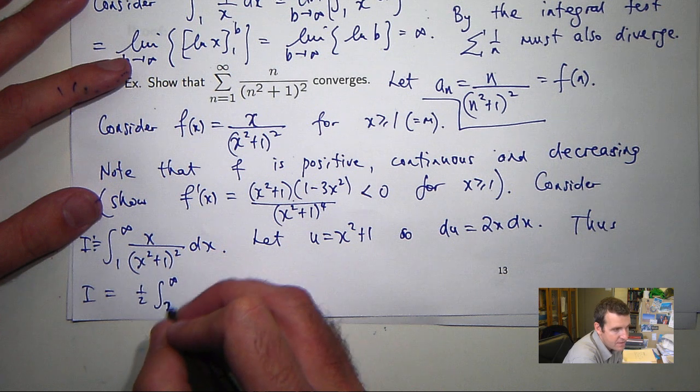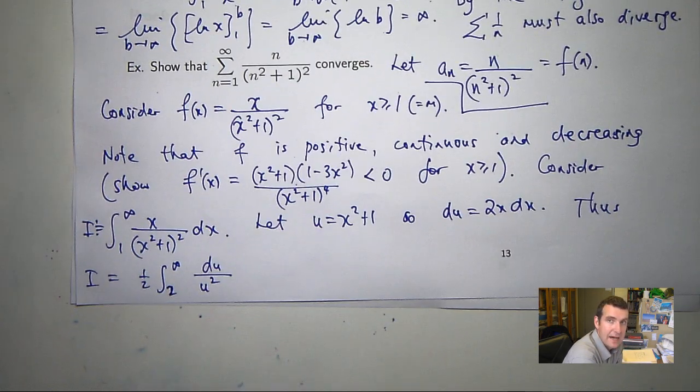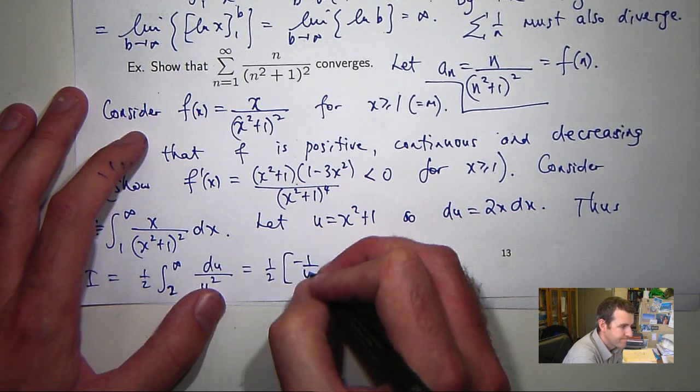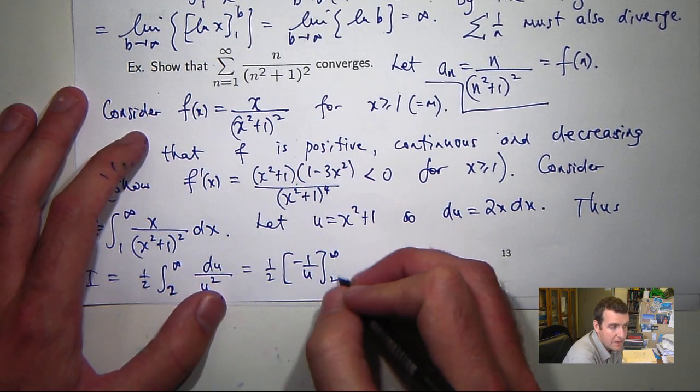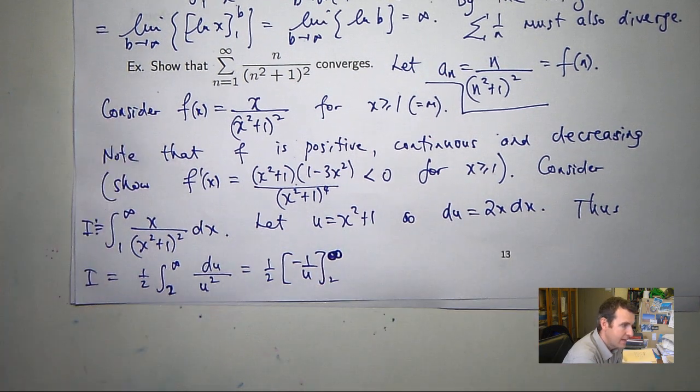But to do it by substitution, you would let u equal x squared plus 1, then calculate the differential and make a substitution. So when I integrate this, I'm going to get something like minus 1 on u. And then I can just take the limit.